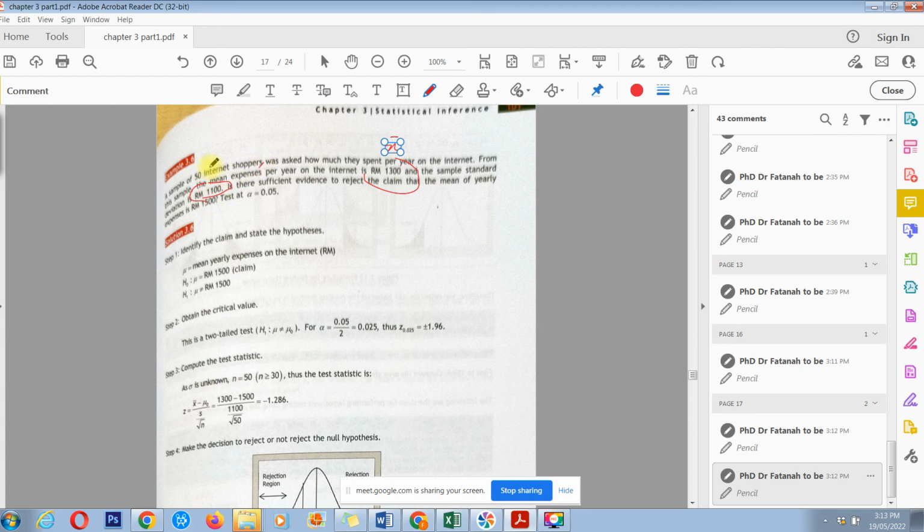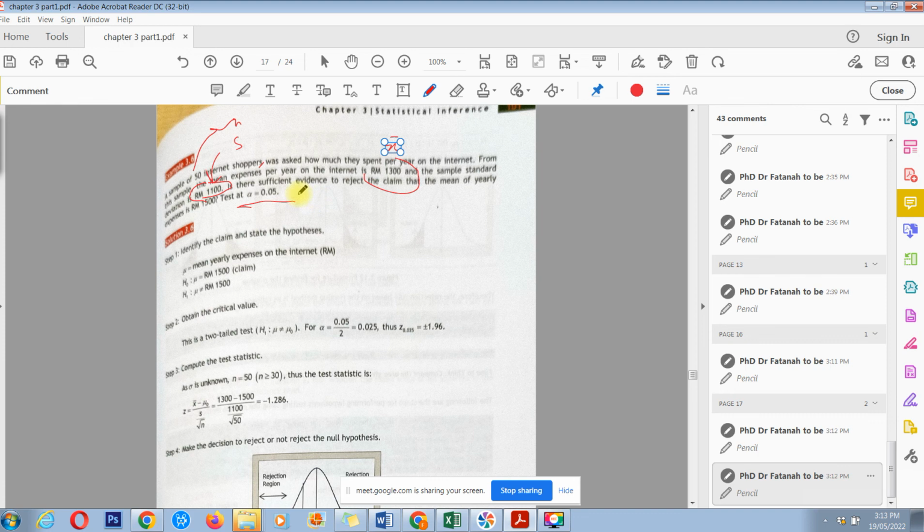So you just identify the information given. This is n. And then the test is at significance level alpha 0.05.